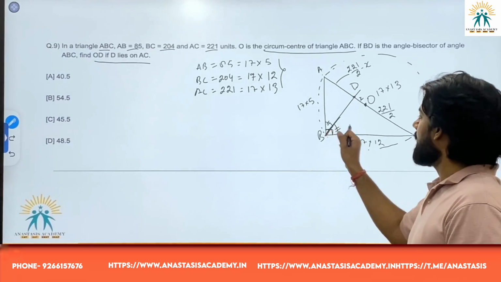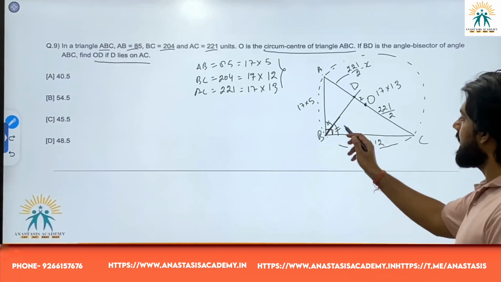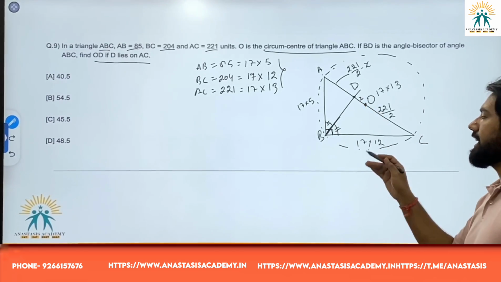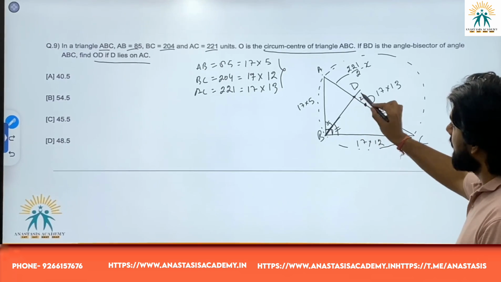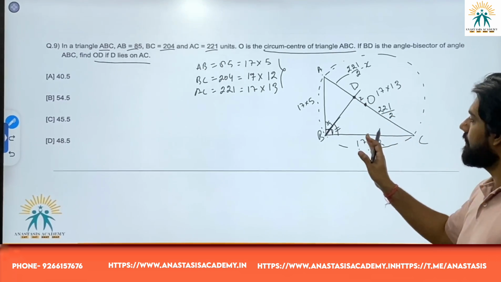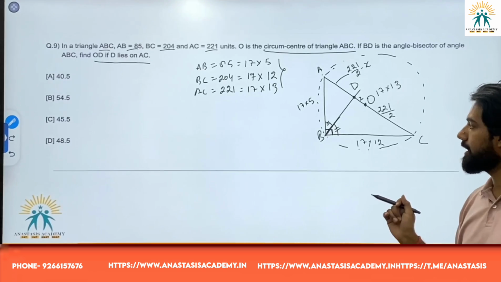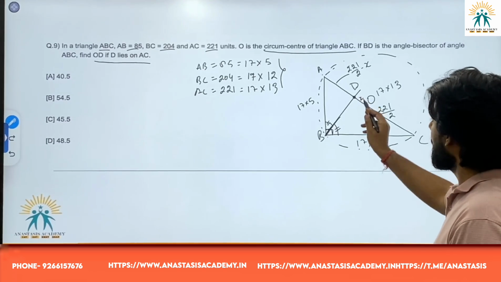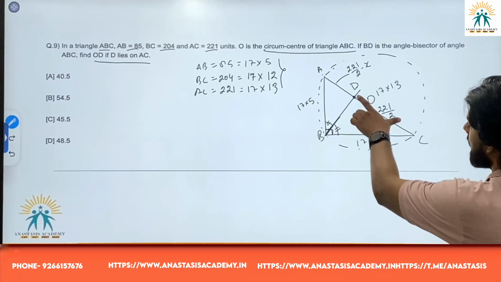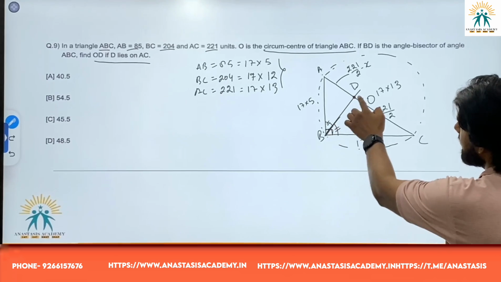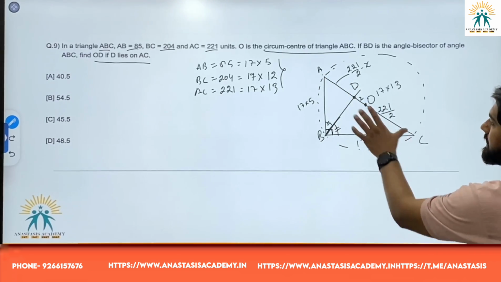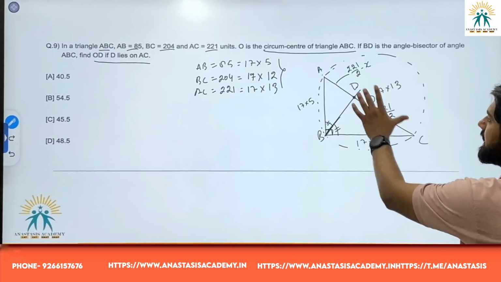Using the property of angle bisector, the angle bisector intersects the opposite side in the ratio of the sides containing that particular angle. So BD is intersecting this line AC in the ratio CD is to AD.